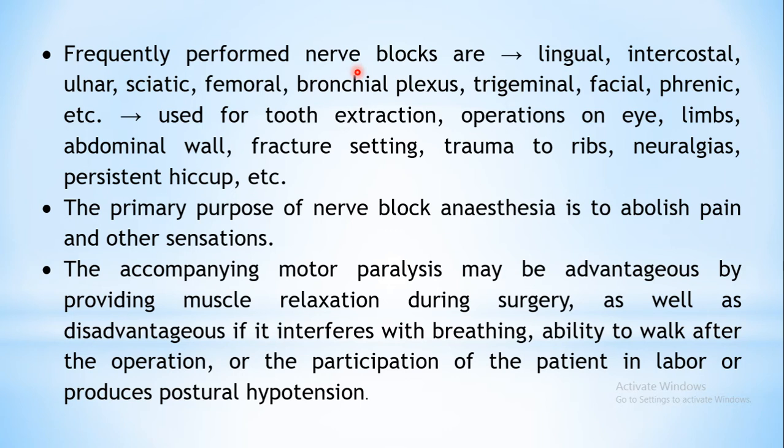Coming to the specific types of nerve blocks which are performed, a particular type of nerve is identified. Here are a few examples of specific nerve trunk or plexus: lingual nerve, intercostal nerve, ulnar nerve, sciatic nerve, femoral nerve, brachial plexus, trigeminal nerve, the facial nerve, phrenic nerve, etc. So a specific nerve or plexus is identified, and locations are fixed.